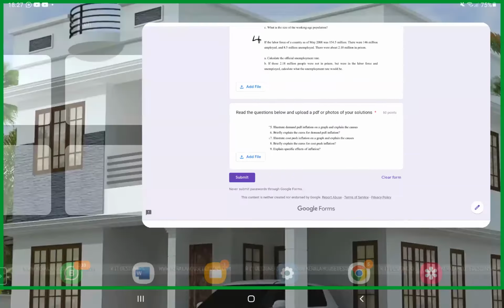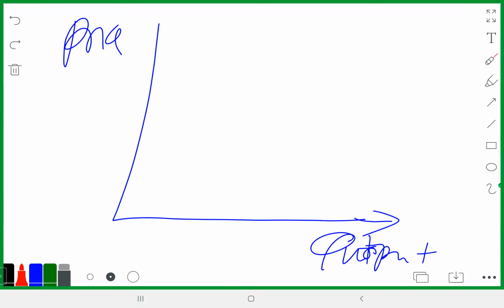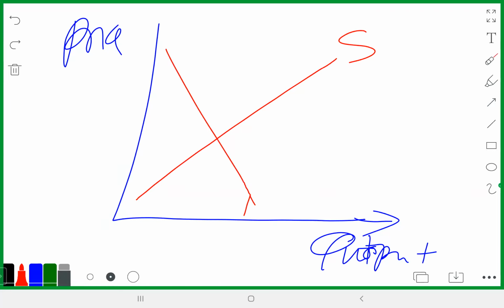For demand-pull inflation, we did say that on the vertical axis you have price and on the horizontal axis you have quantity or output. You have your supply constant. The first demand is here, and this is aggregate demand, AD1. And you will have the price.